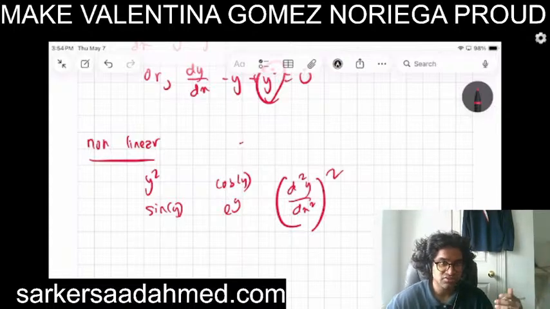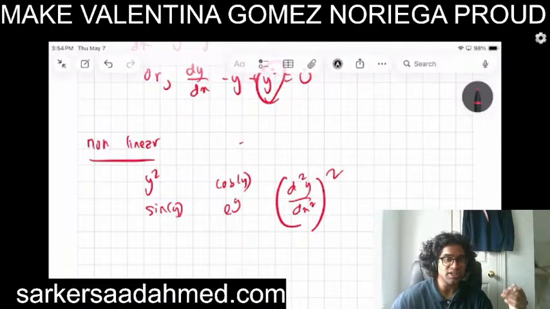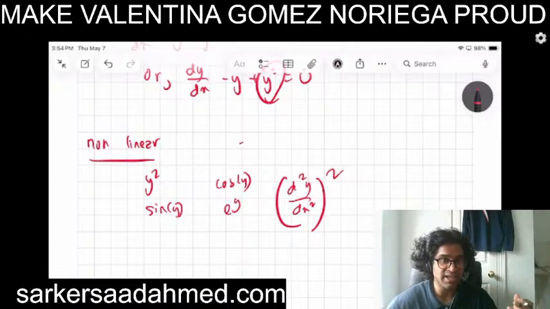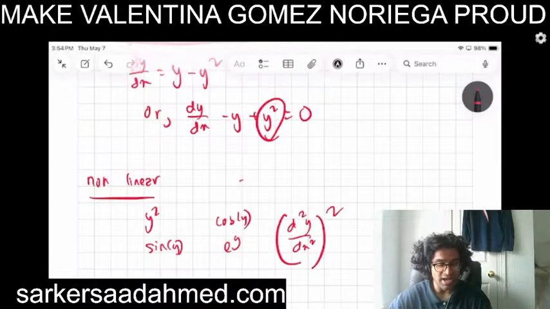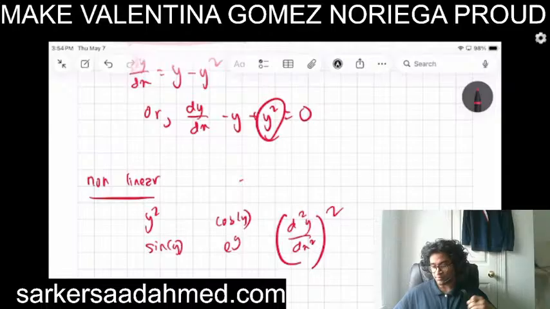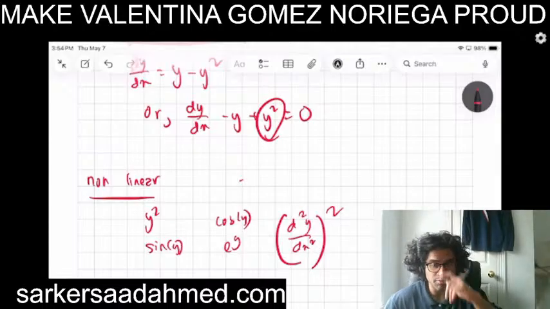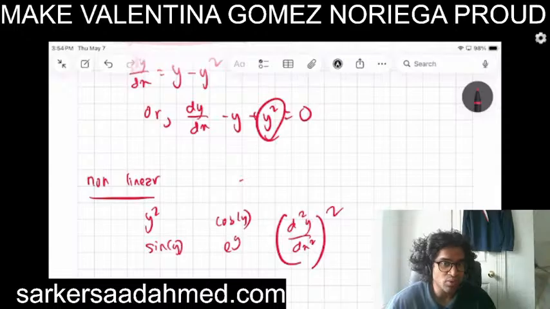Anything that changes the graph. The only way you can change a graph is by applying a power. What I mean is, I can have d square y by dx square, and that's still linear because I'm not changing the graph.